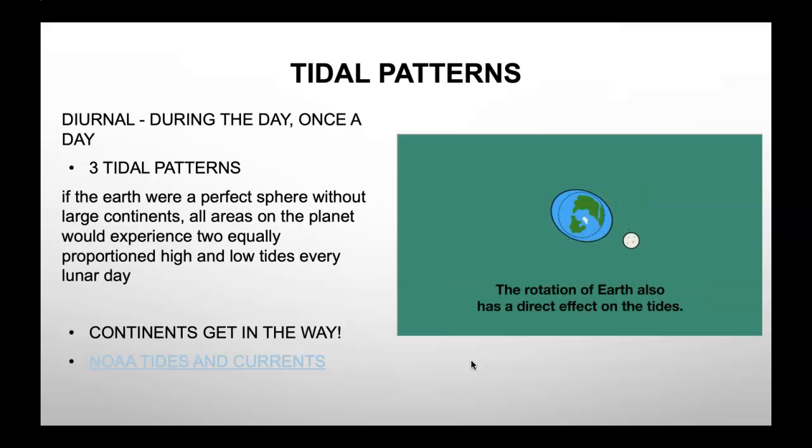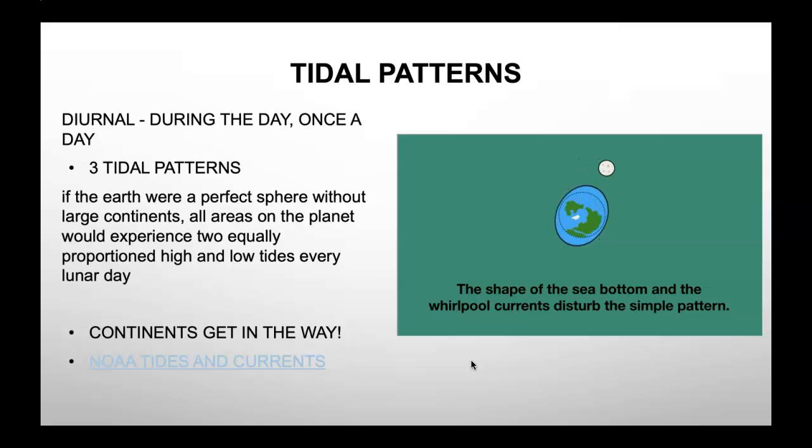The rotation of Earth also has a direct effect on the tides. The rotation of Earth causes the water in the oceans to move in big slow whirlpools around certain points of the oceans. So together, the shape of the sea bottom and the big whirlpool currents disturb the simple two high tides, two low tides picture.